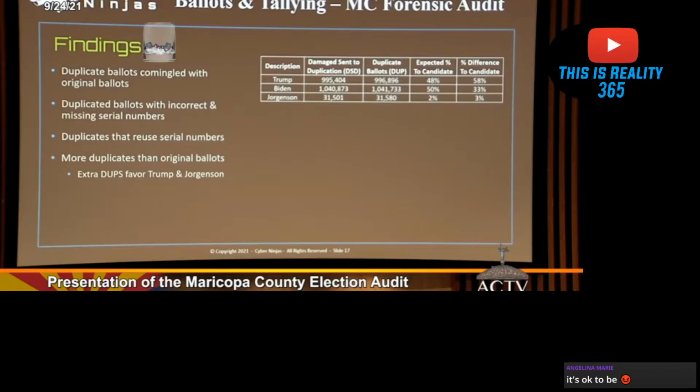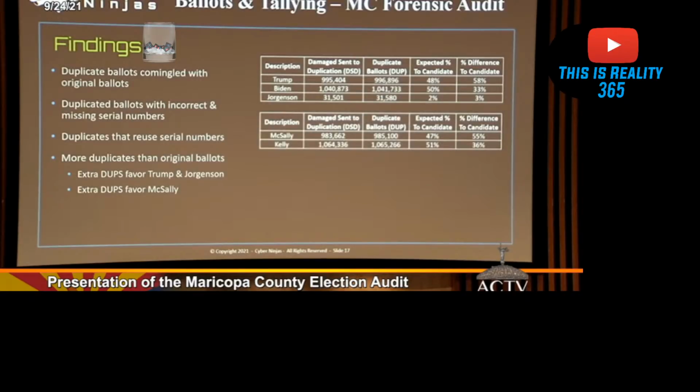So we had 48% of the originals were Trump, 50% of the originals were Biden, and 2% of the originals were Jorgensen. You can see what they actually have at the difference. In reality, Trump had 58% of the duplicates, 33 and 3. So both Trump and Jorgensen gained slightly with the duplicate process.